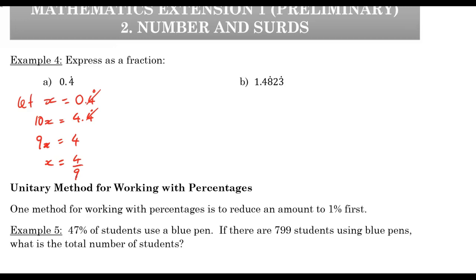In the second example here, I have 3 digits that recur, the 8, the 2, and the 3. So if x equals 1.4823 recurring, then I'm going to multiply by 1,000, because I have 3 digits that recur. So I'm going to multiply by 10 to the power of 3.